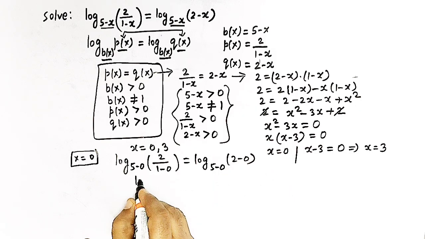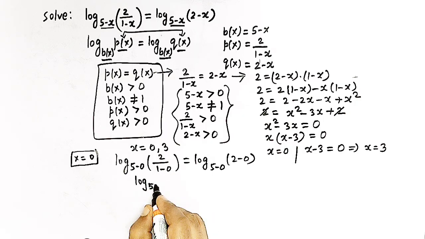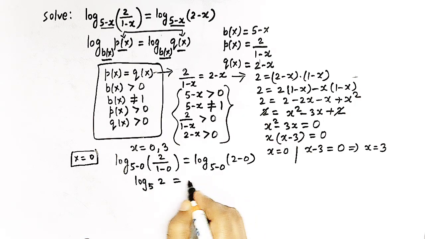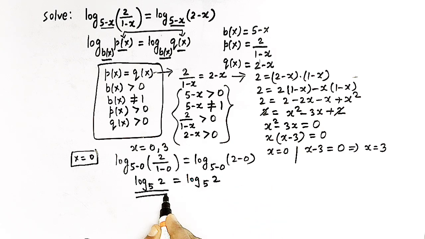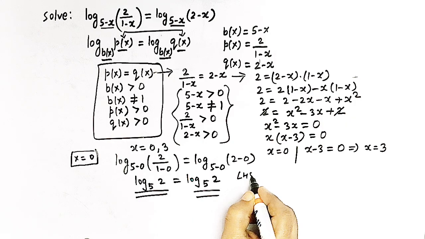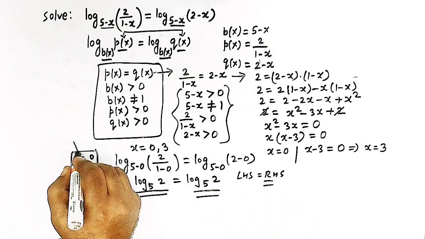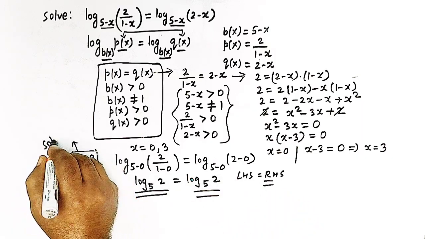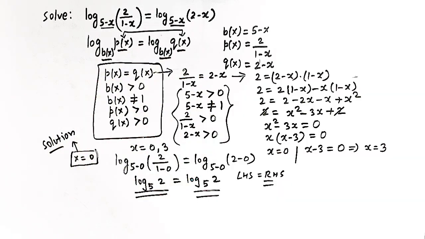So from here we have log of 5, here we have 2 over 1, that is simply 2, and here we have log of 5, and here we have 2, and we can see that the left hand side is equal to the right hand side, right? So x is equal to 0 is a solution of this given equation.